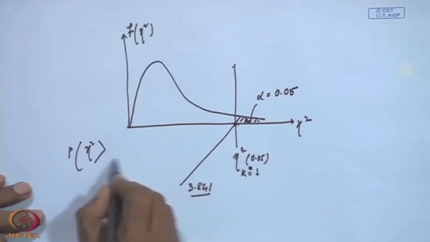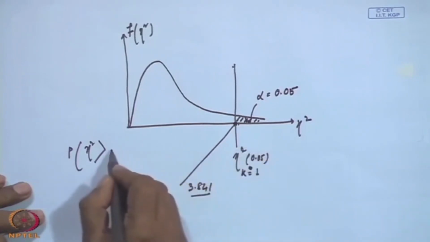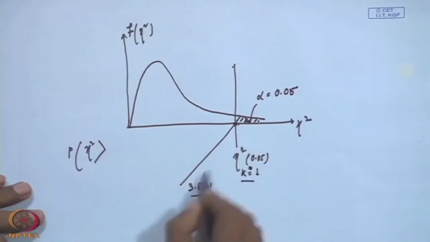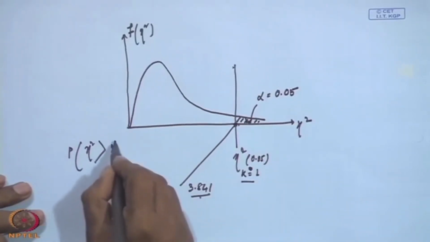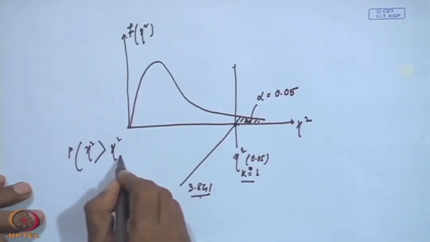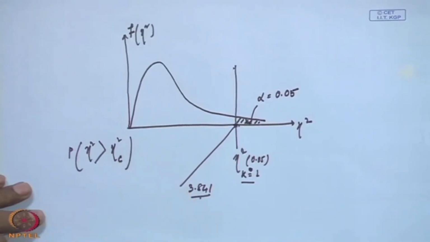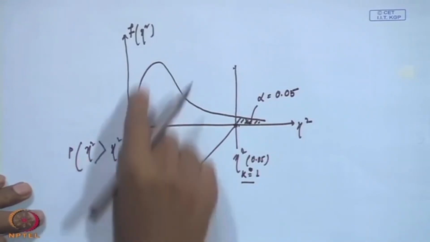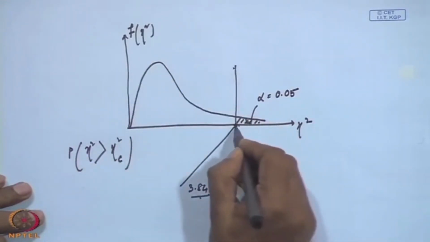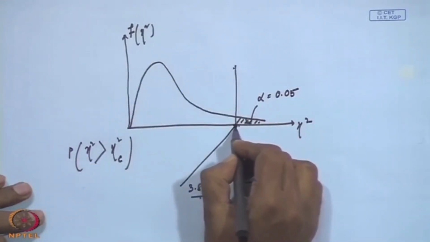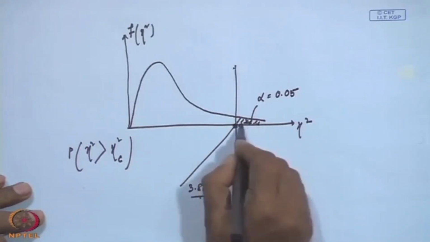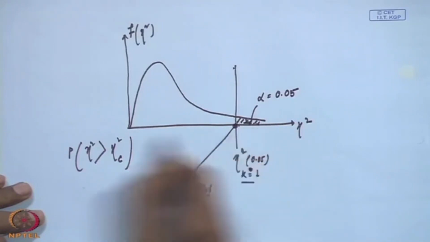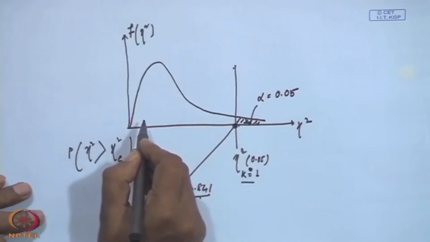So let us say, for k equal to 1, some value, this is 3.8, but that value we will call the chi-square computed value. The probability that the chi-square computed value will be greater than this is this side, and less than this will be the other side.